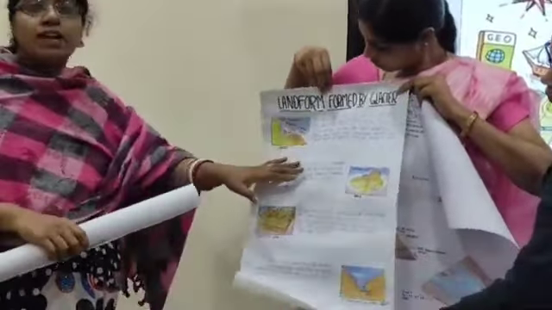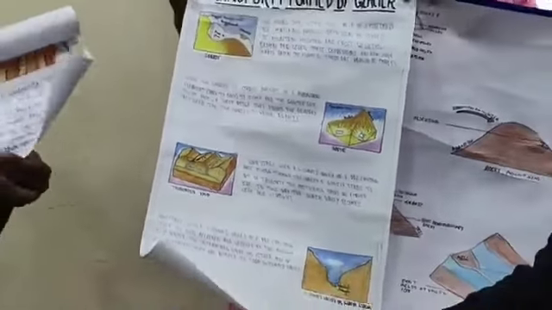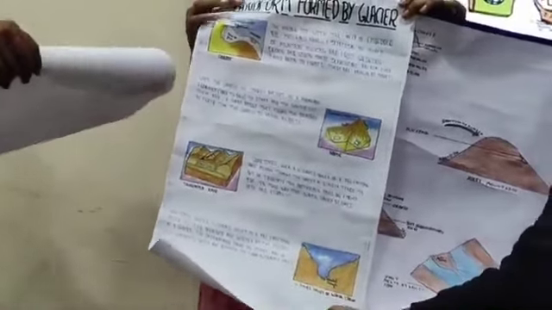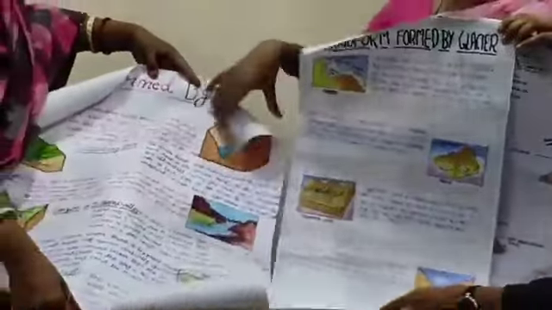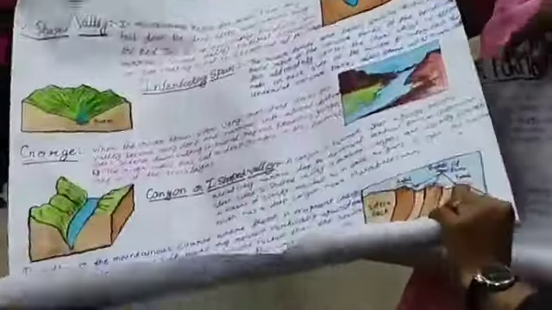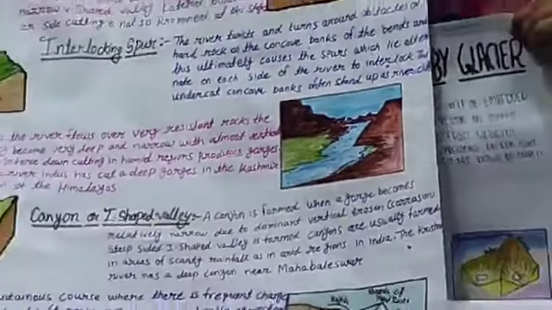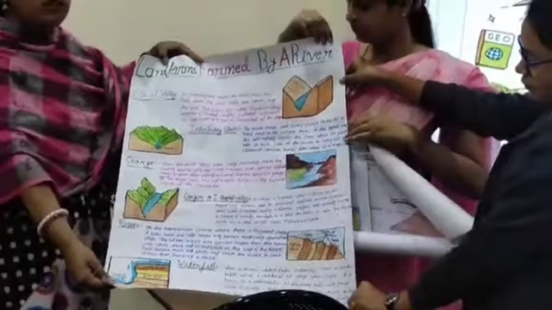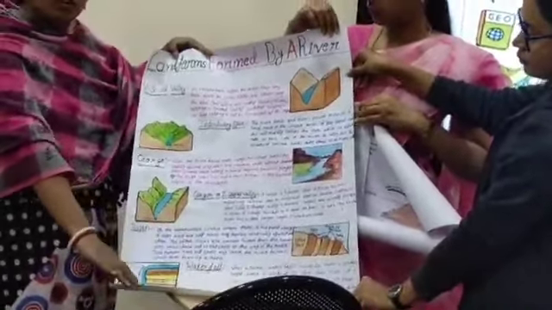This is also made by glacier, and many charts are there. And this is also a beautiful chart. Landforms produced by river. It will help us to demonstrate the shape of the different landforms produced by river erosion. We can use this chart because the picture is also clear.